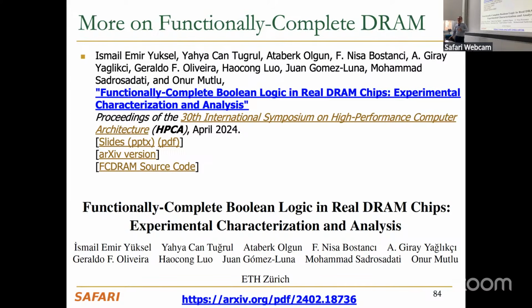There are many, many physical issues, right? Ismail can talk to you more, but essentially, when you violate the timing parameter, for example, one of the issues is that the cells have different levels of charge, right? Not all cells are equal. The circuit theory works if cells are of similar size.